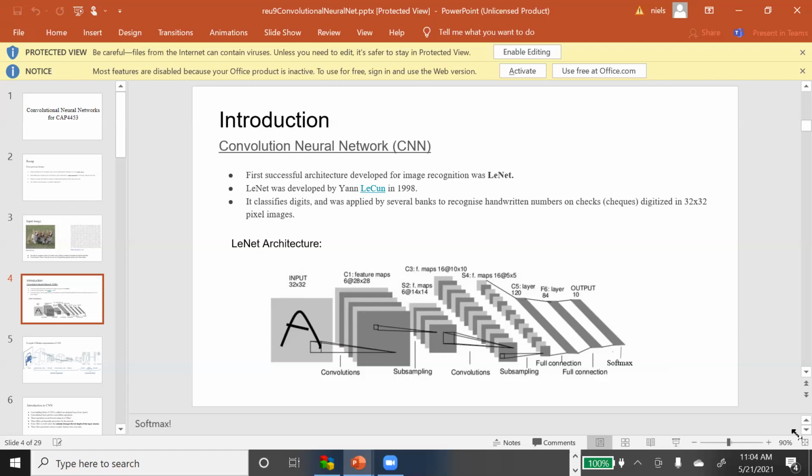Fine. So let me go through it carefully then, right? In the input, we have 6 tables, okay? So 6 tables are coming in. We want to do a 5 by 5 convolution, okay? But believe it or not, we want to apply those 5 by 5 tables to all 6 of them.